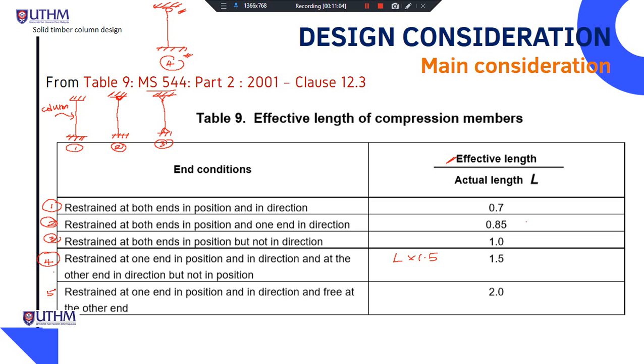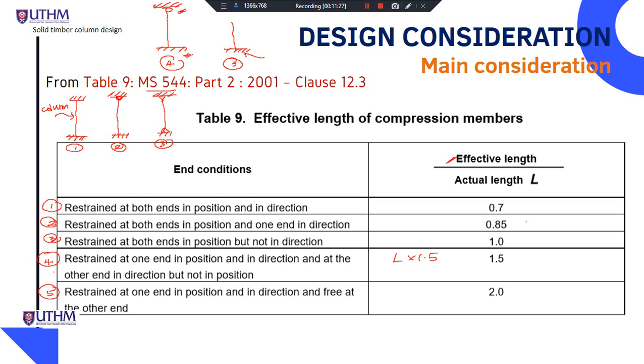So next, the last one is end condition number 5, where the column is restrained at one end in position and in direction and free at the other end. So this is case number 5. This is the straight line, the column.